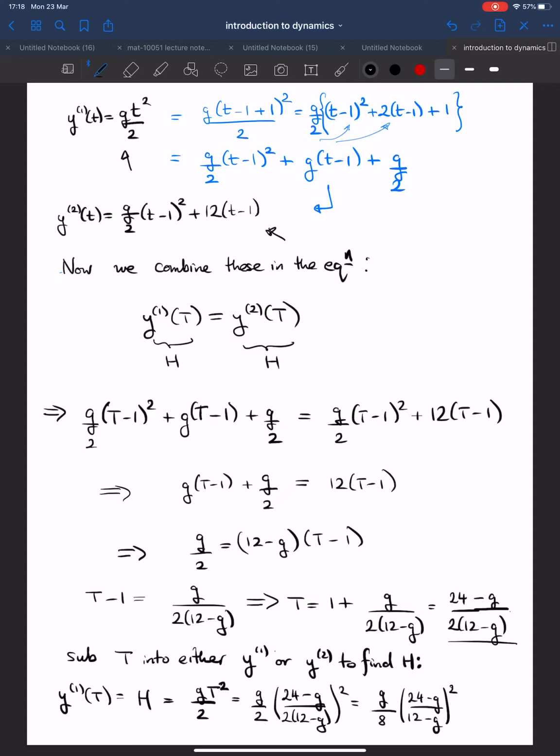So g divided by 8 times the square of 24 minus g, over 12 minus g in the denominator, squared. Okay, not so bad, but I wouldn't say it was the height of the Tower of Pisa.